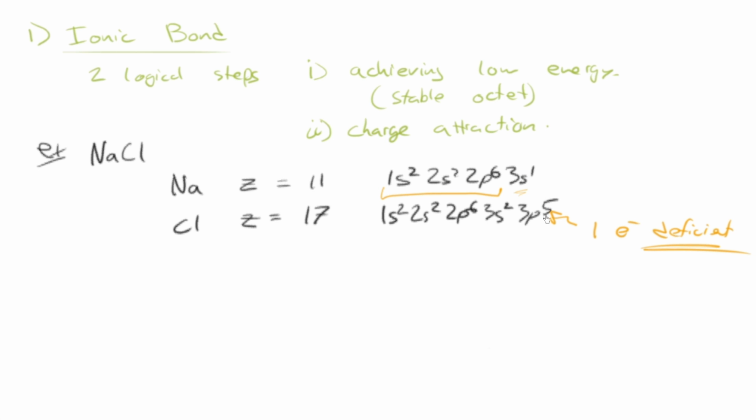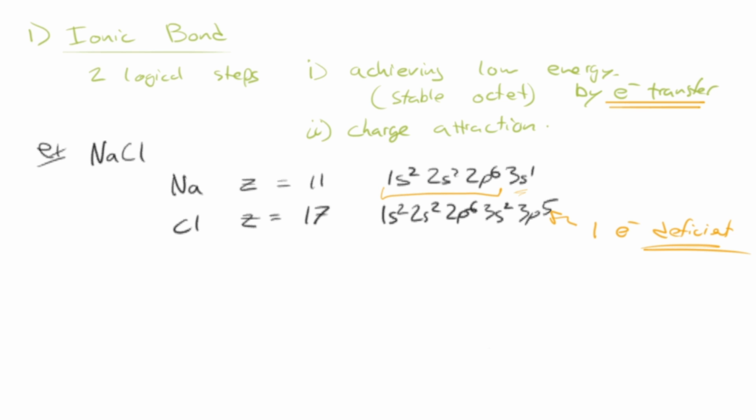Now on their own, chlorine can't just create an electron, and sodium can't just give up its electron on its own. But if you bring them together, we can have a transfer of electrons. And that's what this first step really is. If I complete this, it's achieving low energy by electron transfer. So electron transfer is really an important part of the ionic bond.